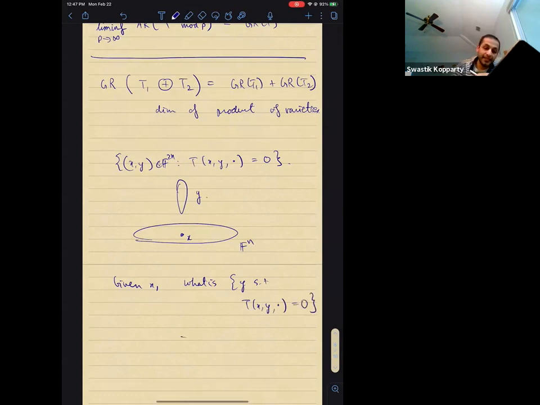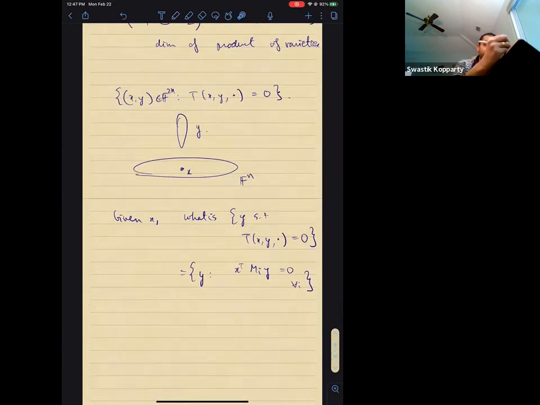This is just the set of all y's such that x transpose Mi y equals 0 for all i. X transpose Mi is just a vector. So this is a bunch of linear equations. So the set of all y's which has this property is a linear space.